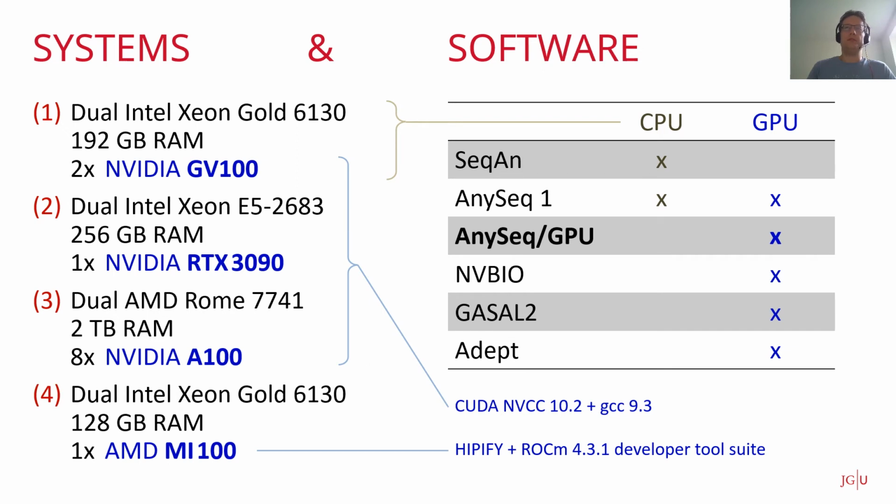GPU libraries tested were our old AnySeq 1, our new AnySeq GPU, NVBio, GASAL2, and ADEPT. On the NVIDIA systems we used CUDA 10.2, and on the AMD system we used HIPIFY for compiling the CUDA code to run on the AMD card, and of course our AnyDSL implementation runs directly on the AMD system.